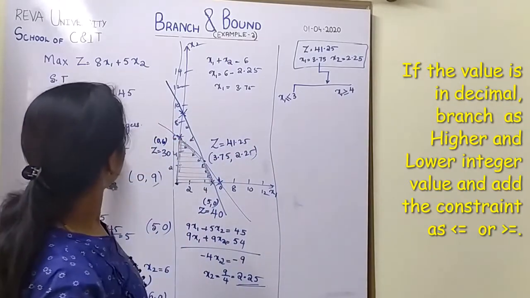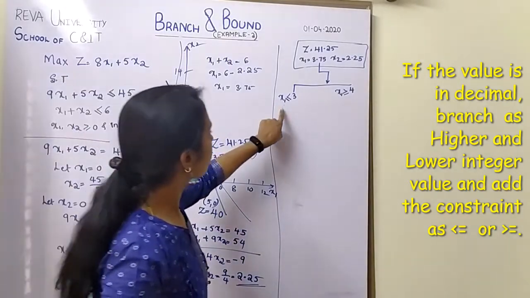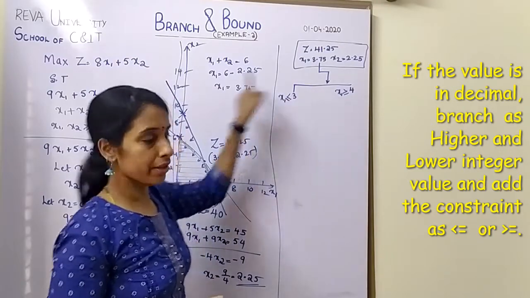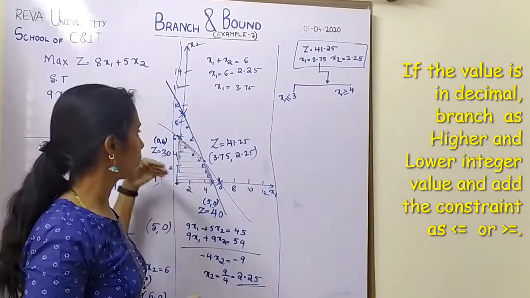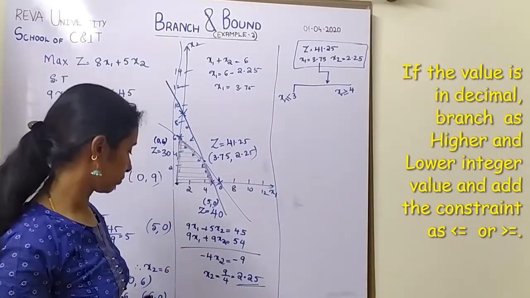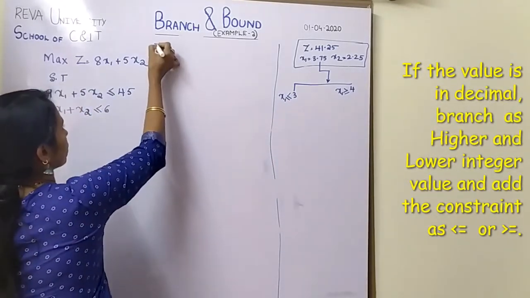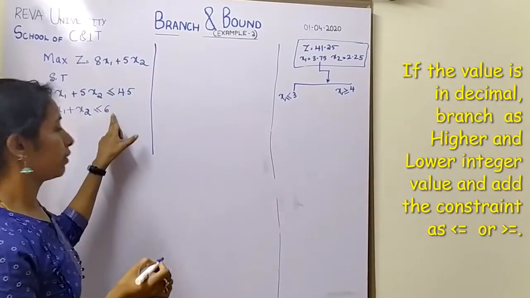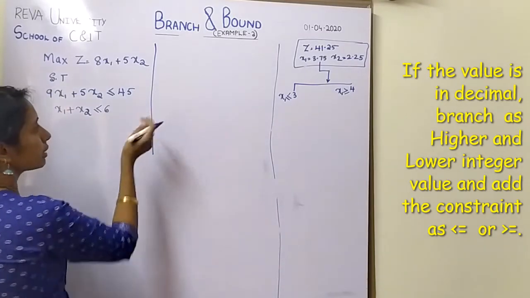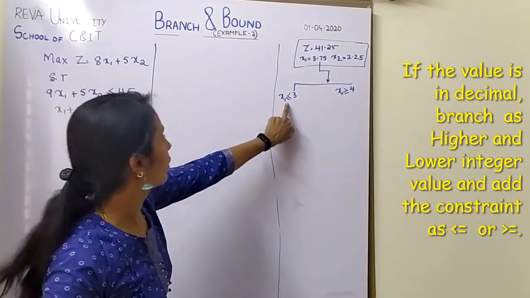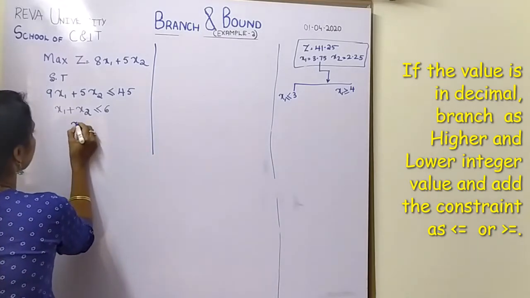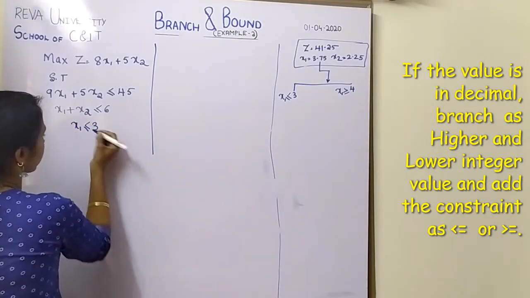Now, along with these two, include these two constraints and try to solve this problem again. I'll include these constraints here. This is our objective function with constraints. Now the new one I have to include here is x1 is less than or equal to 3.